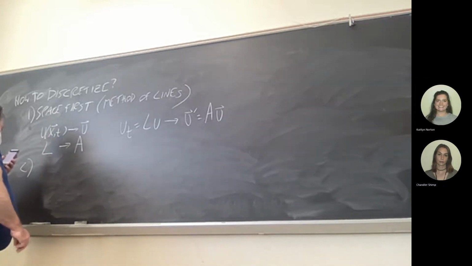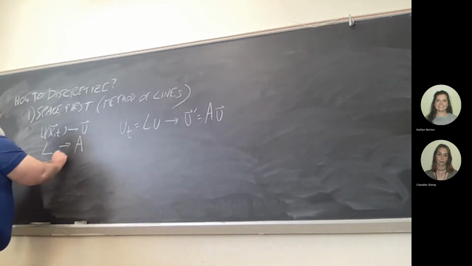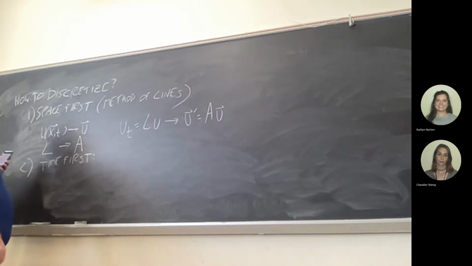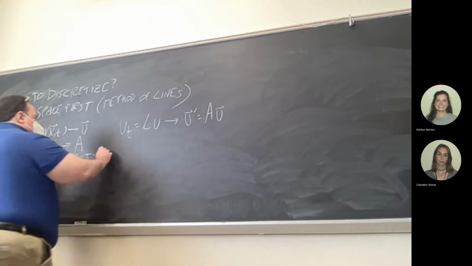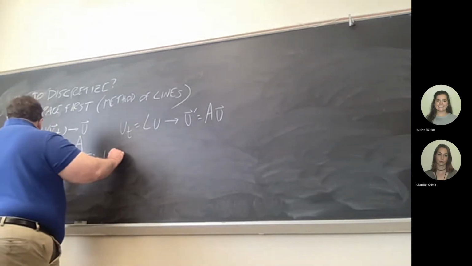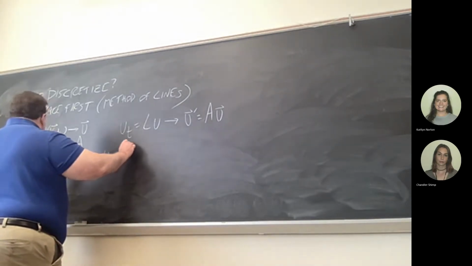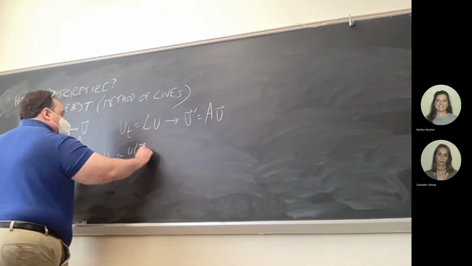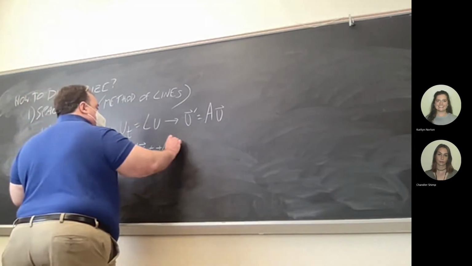The other possibility is time first. So you replace ut by, for instance, a finite difference formula. In this case, I'll use a forward difference.